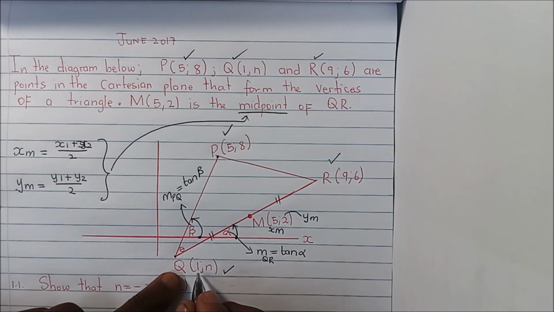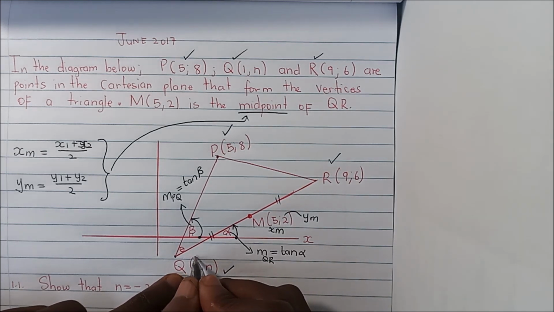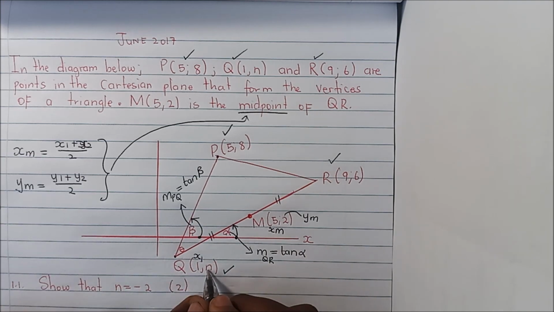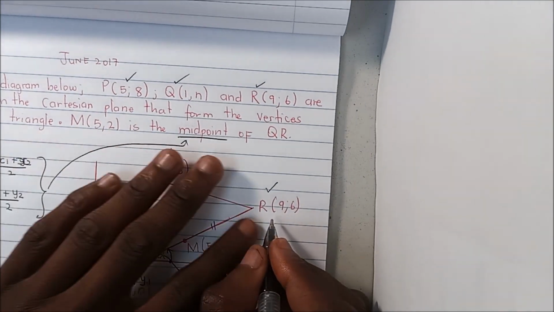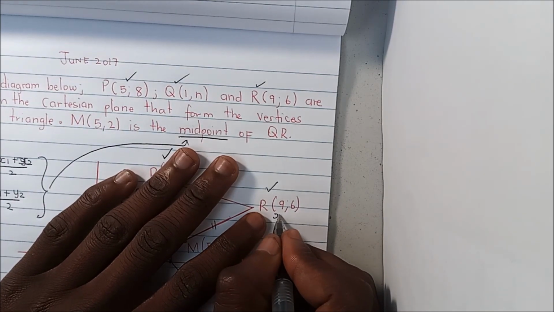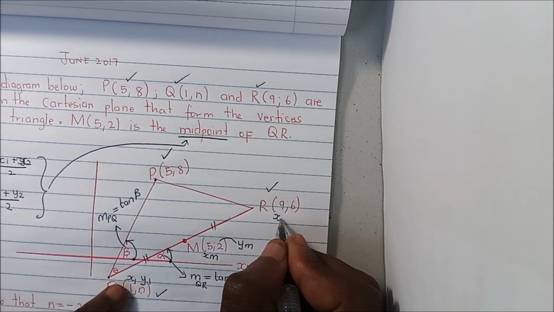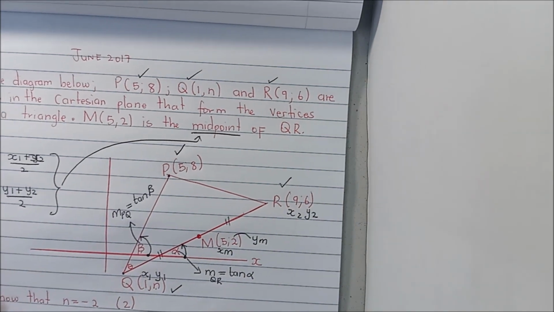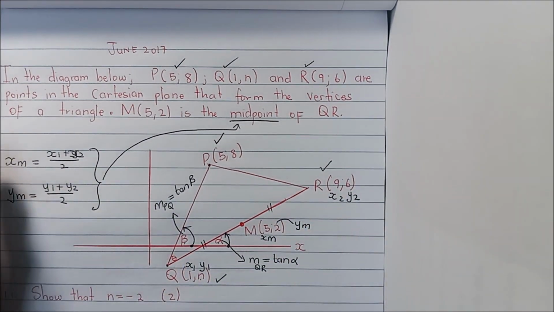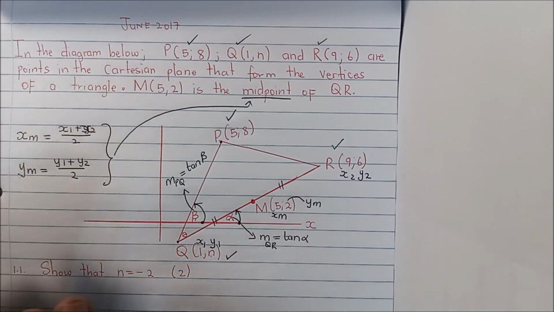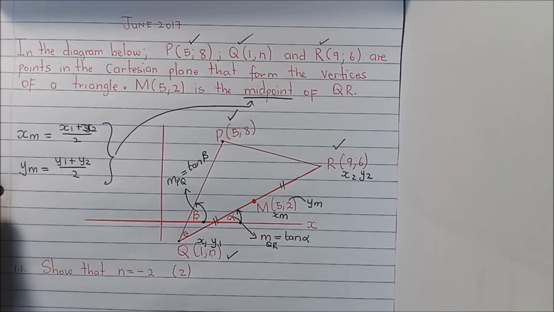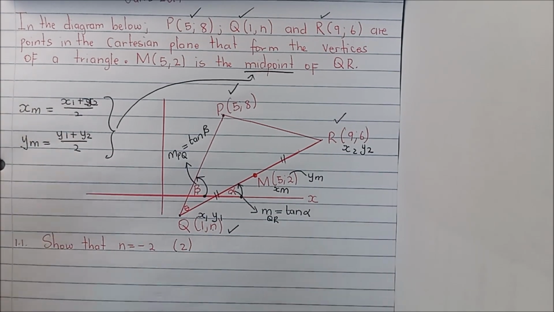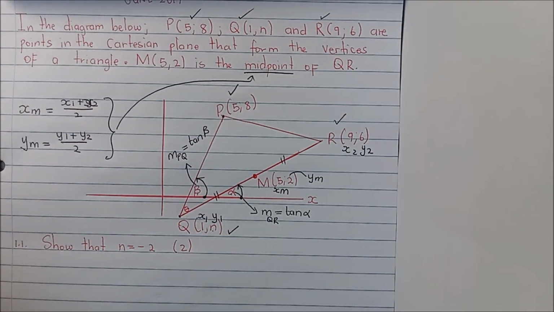So for Q, the x value we can name x1, and n to be y1, and then R can be x2 and y2. Why am I naming? Because if a question comes and we have to calculate the midpoint, we will just substitute without hesitation.